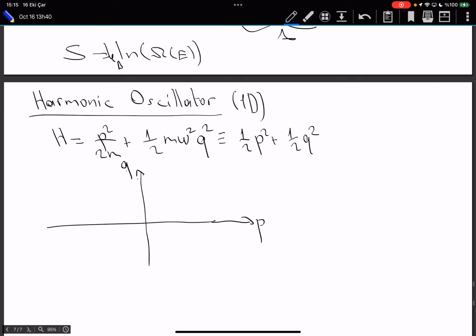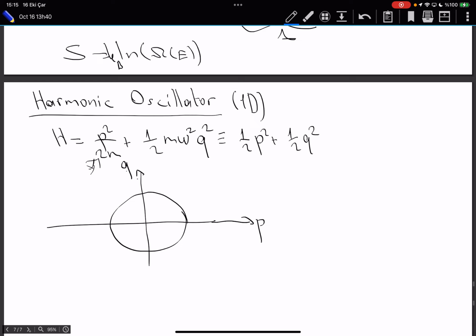In p-q phase space, the trajectories for a given energy will basically be ellipses if you didn't scale. If you scale them, there will be just circles.